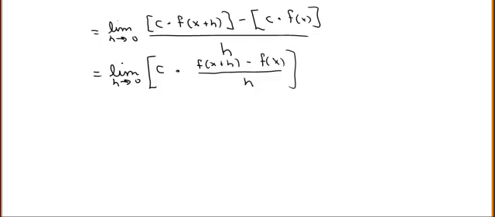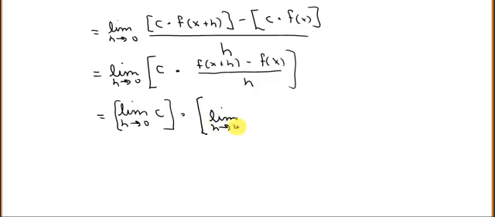So assuming each of the limits exists, I can take the limits separately and then multiply them after I get done. So this would be the limit as h approaches 0 of c, which is a constant, remember, times the limit as h approaches 0 of f of x plus h minus f of x all over h.